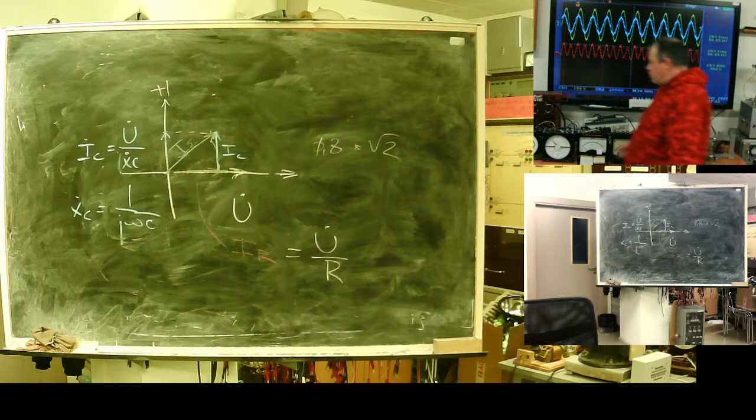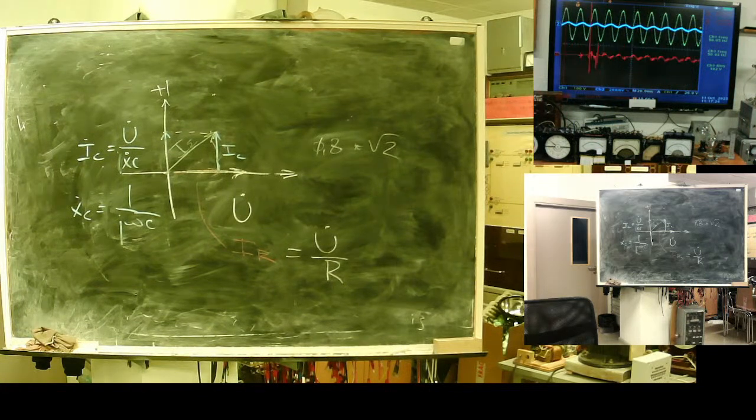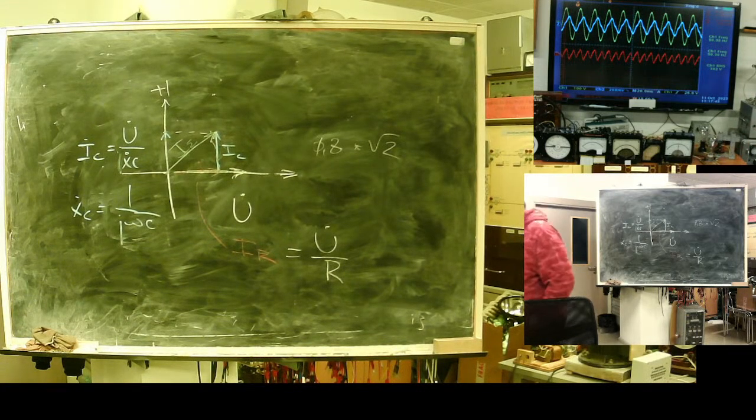Here is my coil. Yeah, I have adjusted coil current to 0.8 amps.